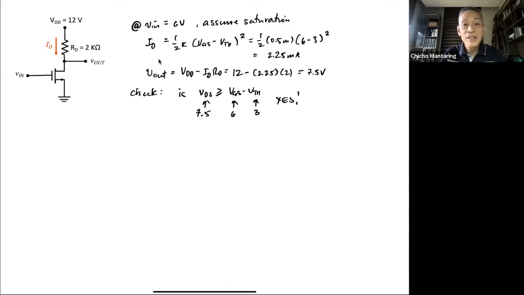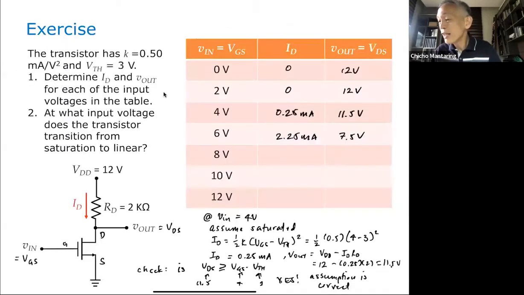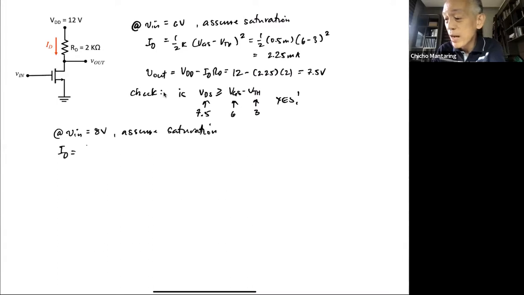Are there any questions? Okay, let's go to the next. At Vin equal to 8 volts, again let's assume saturation. So again, ID is equal to 1/2, straight to 0.5 times (8 minus 3) squared.